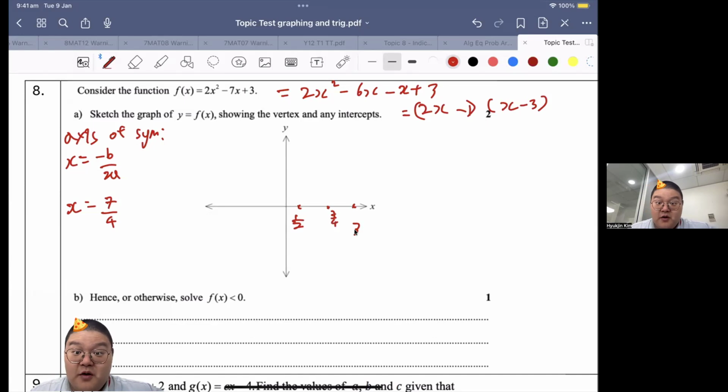Now here's a problem. Where is my vertex actually? Whereabouts high is it?